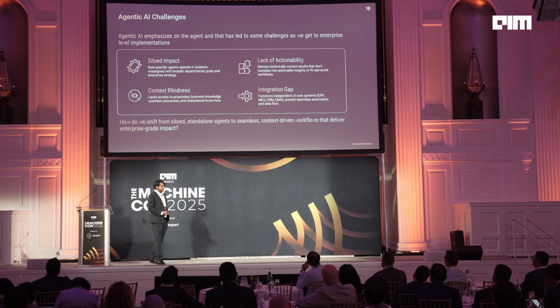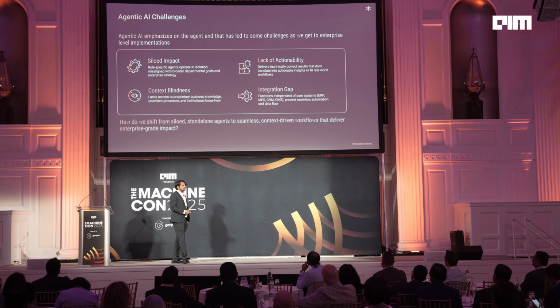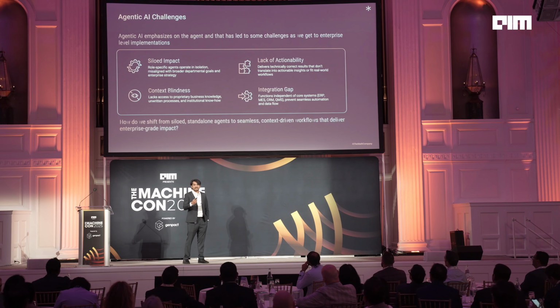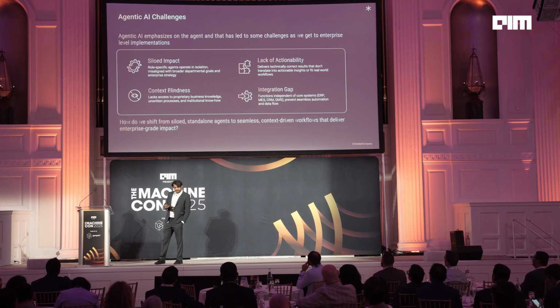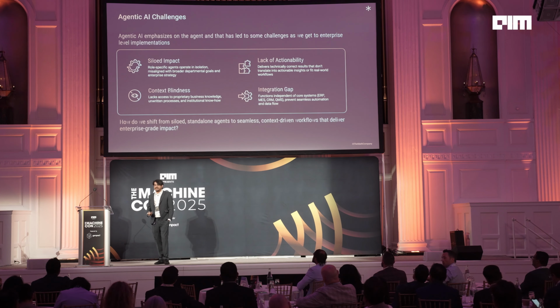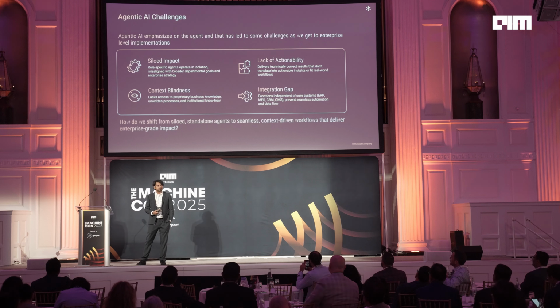So what ends up happening is that you end up having bolt-on implementations on a dashboard. You end up having no actionable insights, because you get technically correct answers, but not really useful answers. You get context blindness.